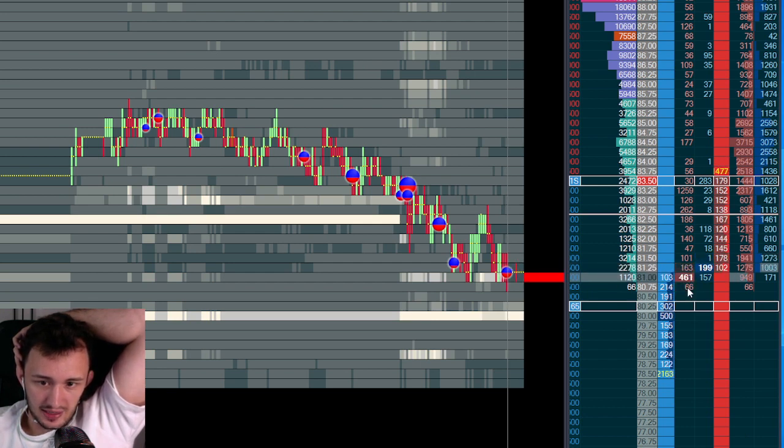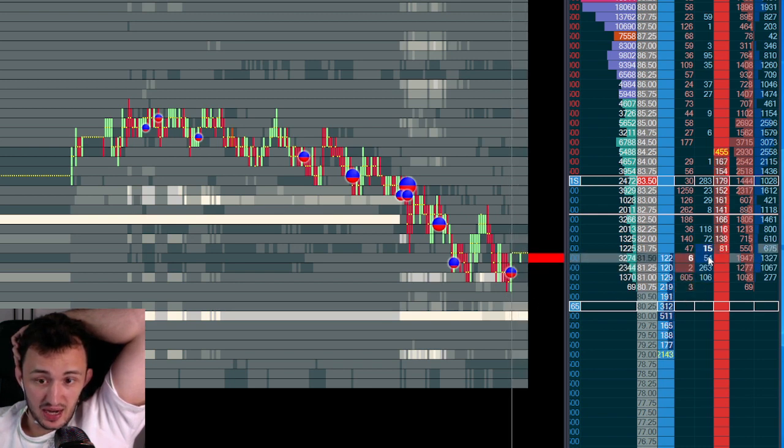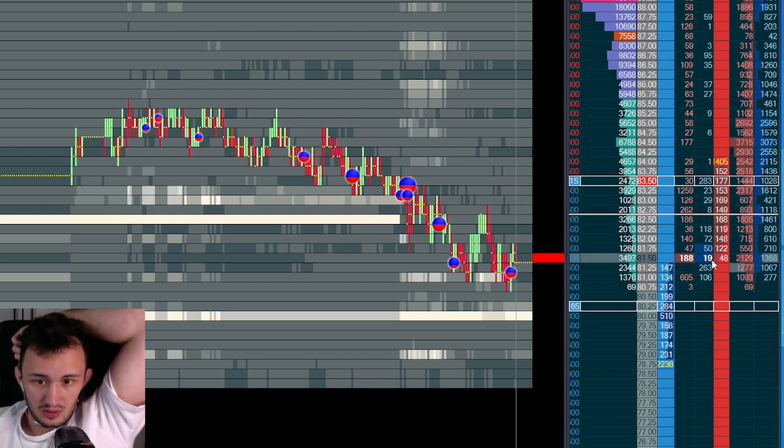Now we had a bottom tick with 66 by 0, but it didn't really reject higher. Now 3 by 0, but this was the same price. No speed when we go higher. So I'd still say this is still going lower, for me at least.